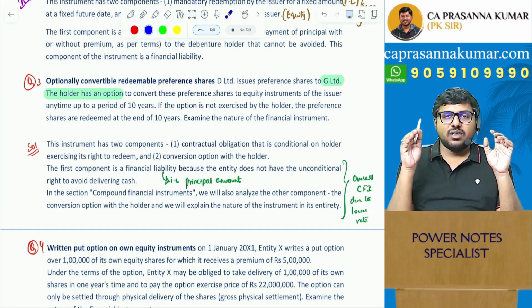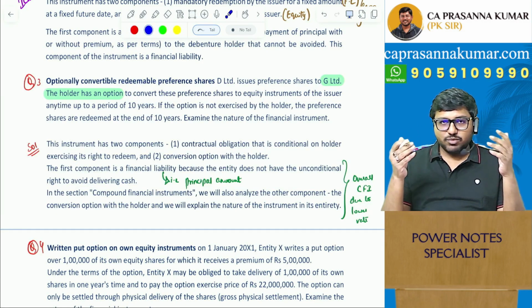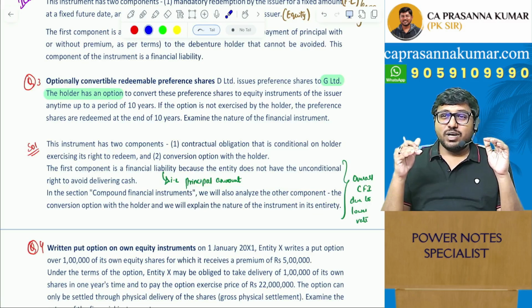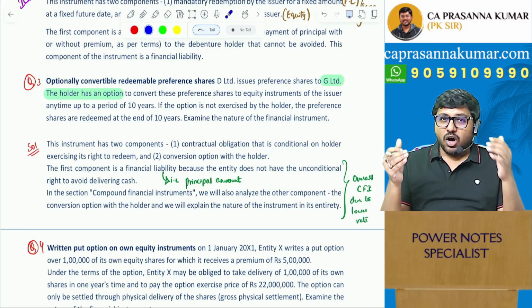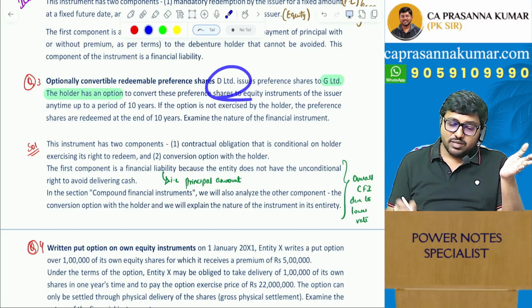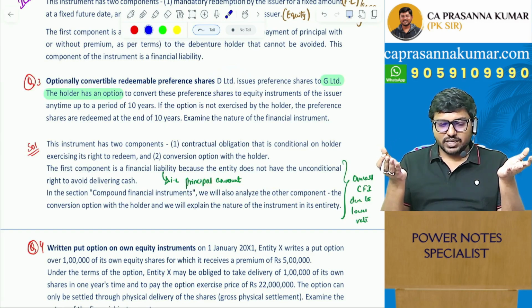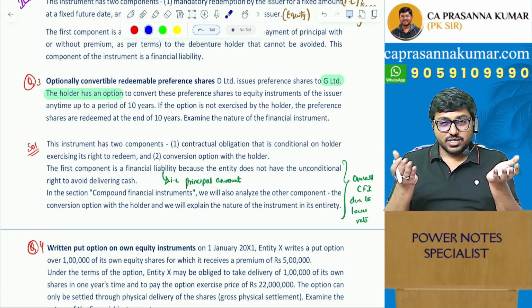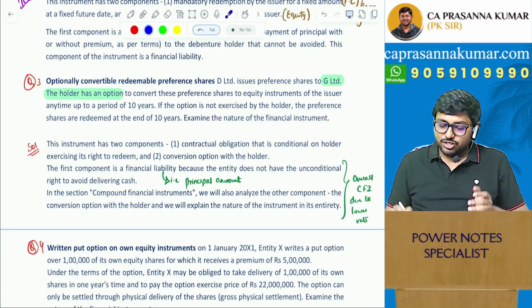So either you can redeem your preference shares after 10 years or you can convert them into equity shares. Now the question is whether you will redeem or convert these preference shares into equity shares is not in your hands. It is not in the hands of D Limited. We are seeing it from D Limited's perspective. So it is not in the hands of D Limited. It is in the hands of whom? G Limited.